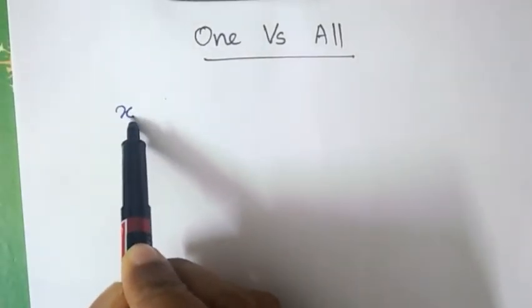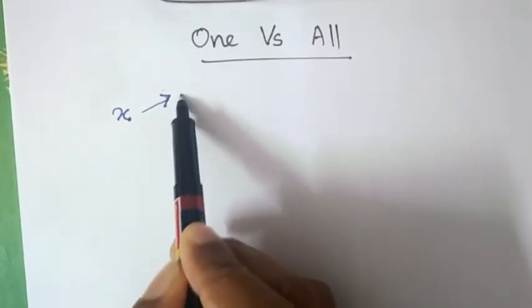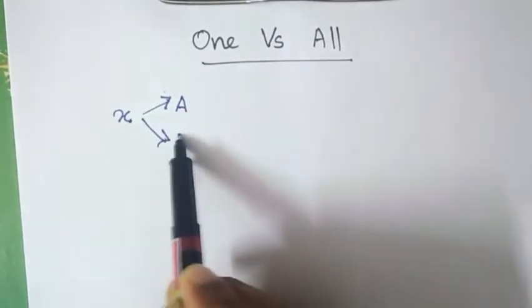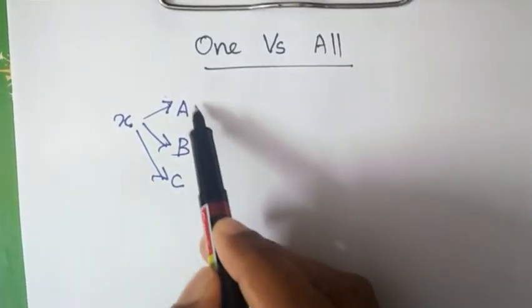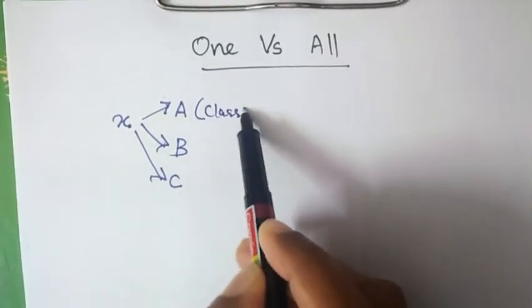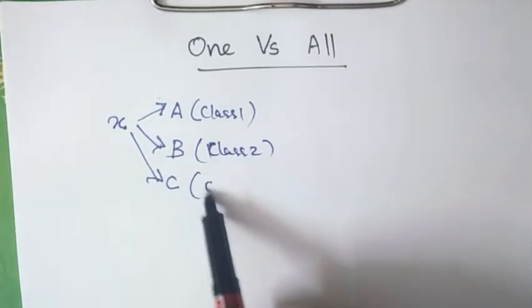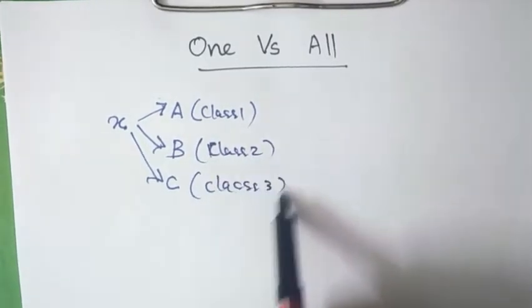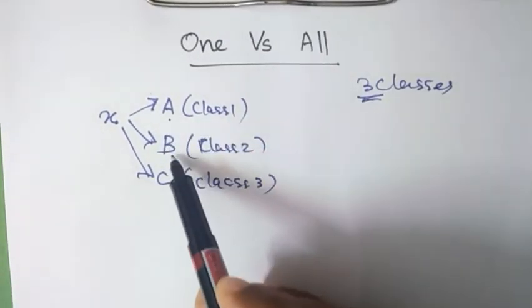Suppose we want to classify X into either A or B or C. Let's label A as class 1, B as class 2 and C as class 3. Here you can see that there are three classes, A, B and C.